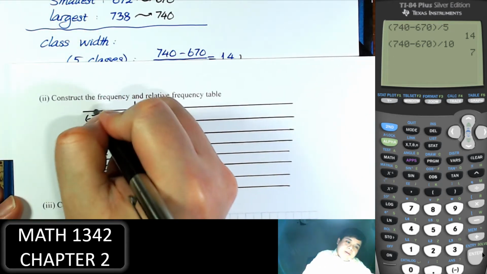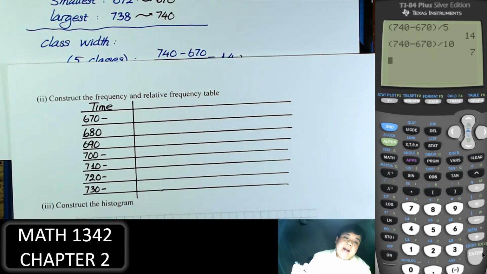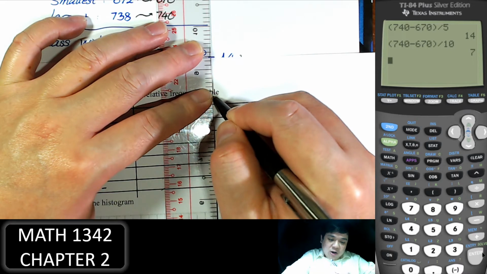So this column is for time, and then first will be frequency, and then the next one is relative frequency.